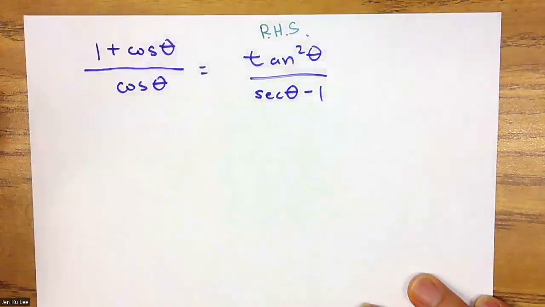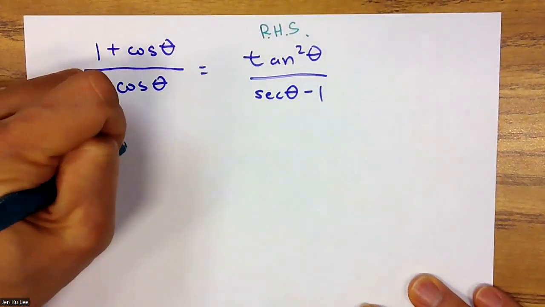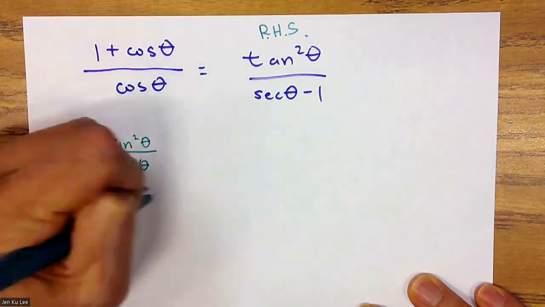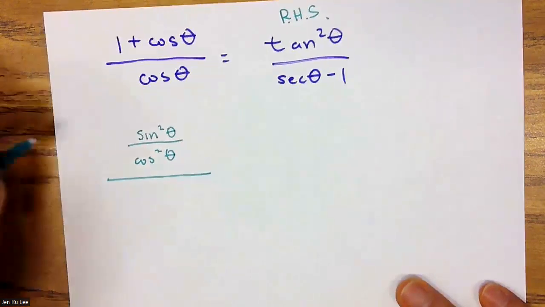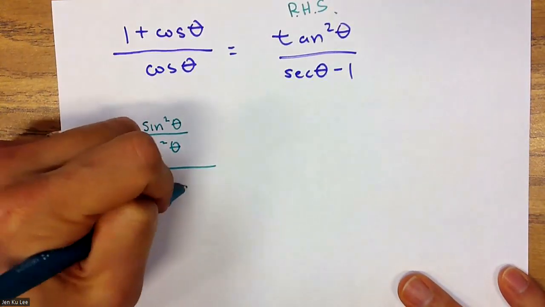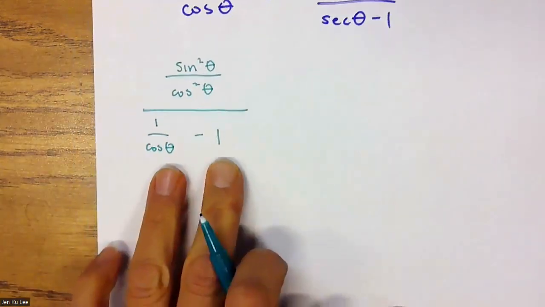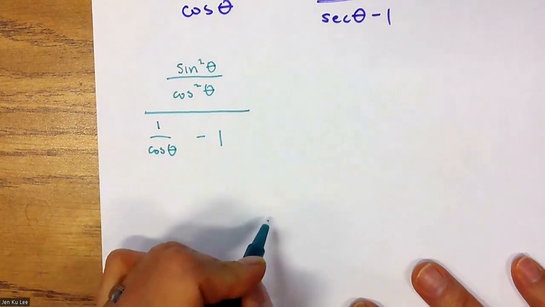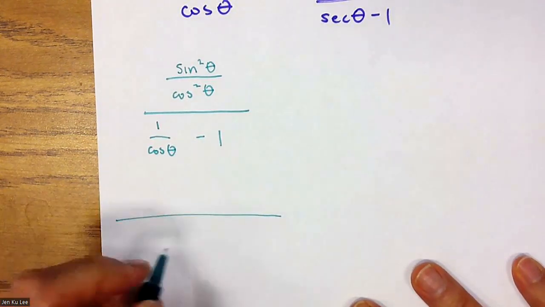Okay, tangent squared is sine squared theta over cosine squared theta over secant is 1 over cosine minus 1.